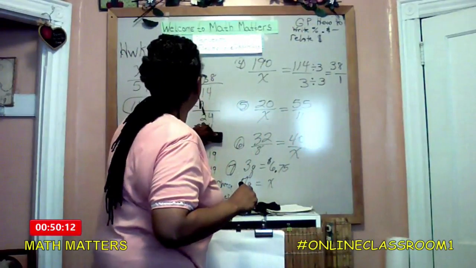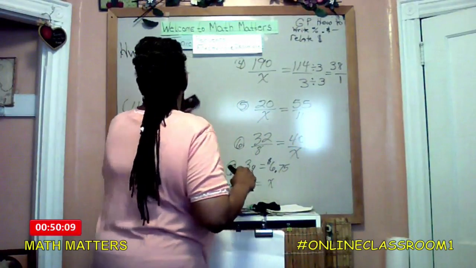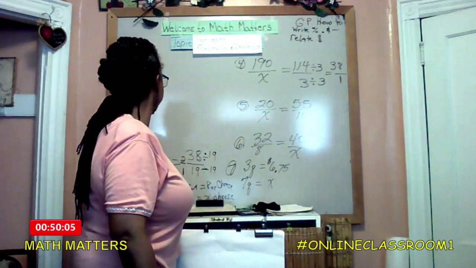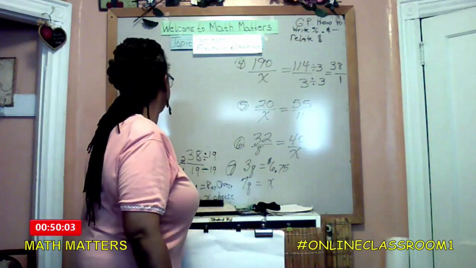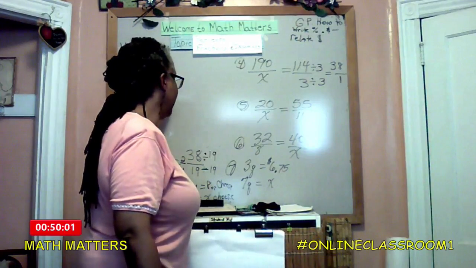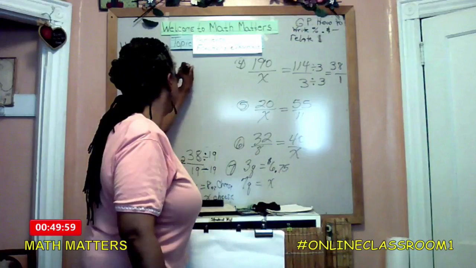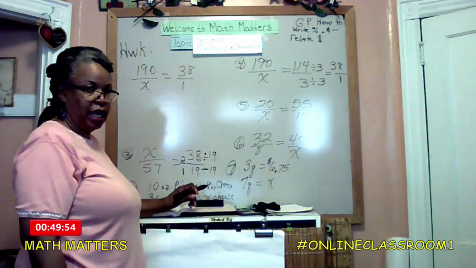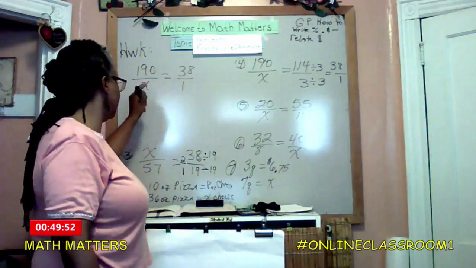So let me bring us over here so that we can have more room. I'm going to rewrite 190 is to some number as 38 is to 1. Now we can cross multiply.